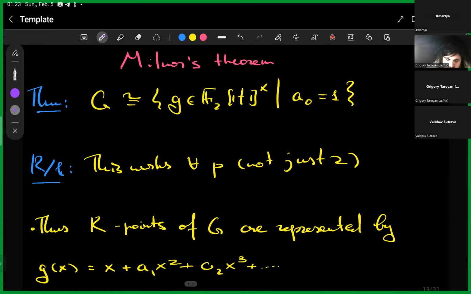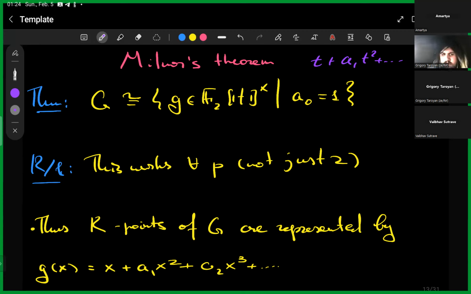Now, Milnor's theorem asserts that the image of this group precisely coincides with the subgroup of invertible power series, invertible under composition, such that their coefficient in degree 1 is 1. So we always have t plus a1 t squared plus something else. And this fact works not only for p equal to 2, but for arbitrary primes.